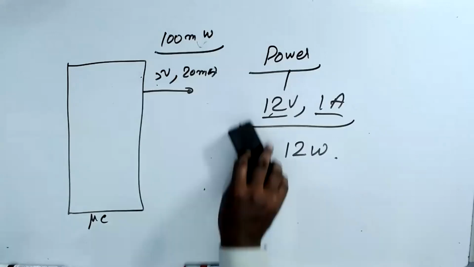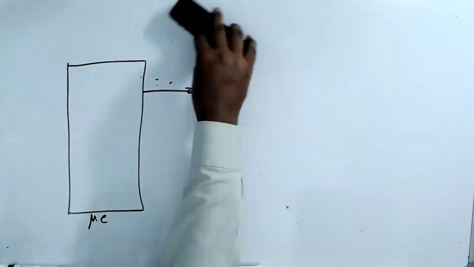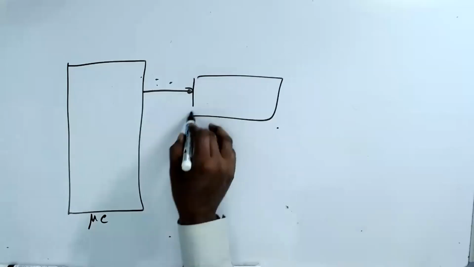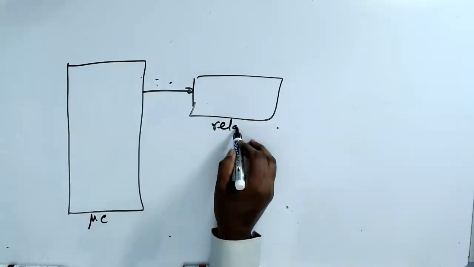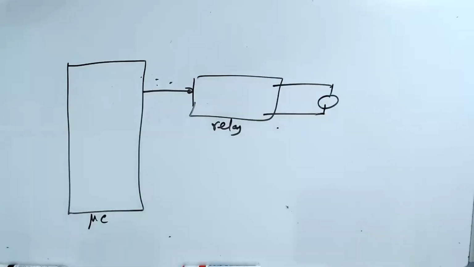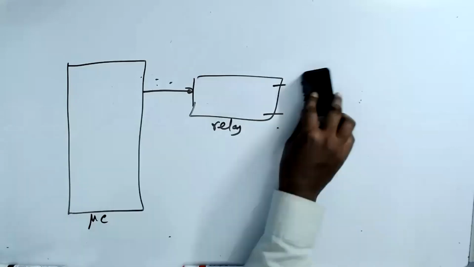We decided to connect a relay. This is how I control the motor. Of course, we give a voltage; I'm giving a voltage of 12 volts.